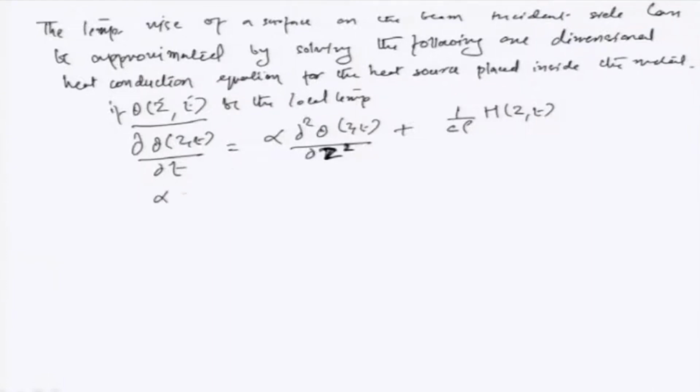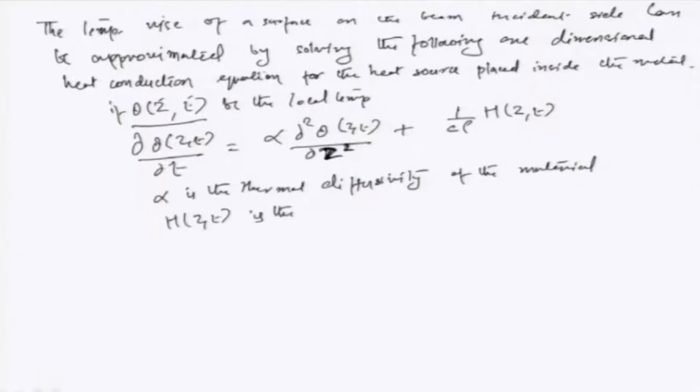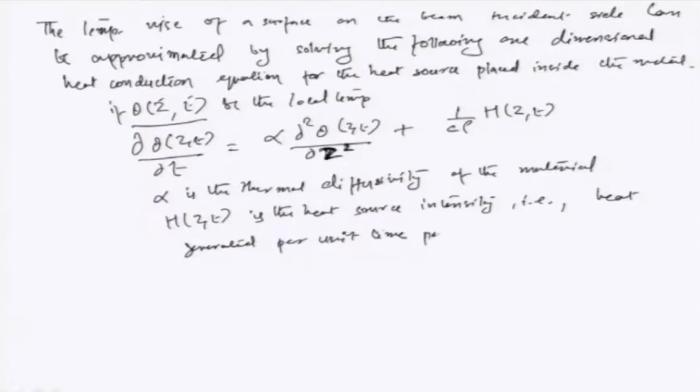In this equation, alpha is the thermal diffusivity of the material, and h(z, t) is the heat source intensity, that is, heat generated per unit time per unit volume.